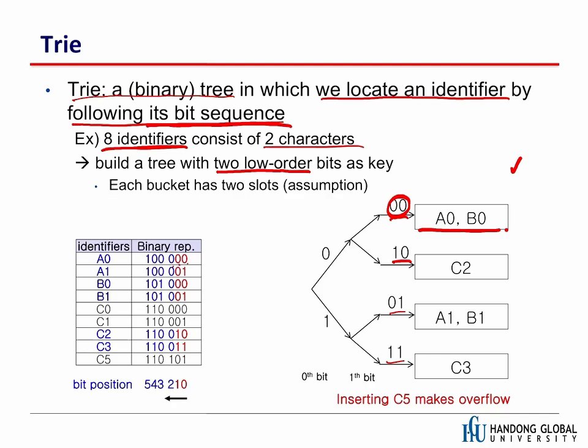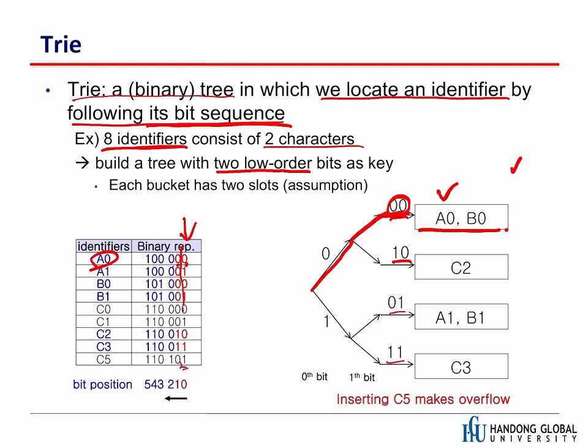Let me explain this trie tree. First we focus on the last bit. Last bit means these ones. This is a 0, so we're interested in a 0. Then the first one is a 0, so we follow this one. And then the next one is a 0, so we follow this one.